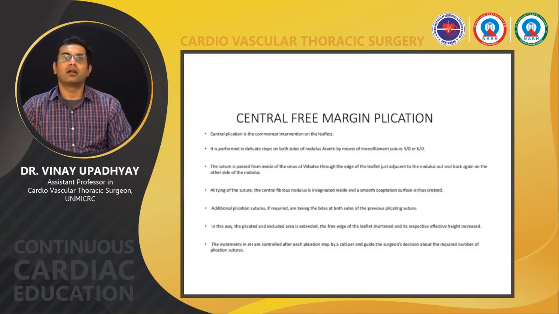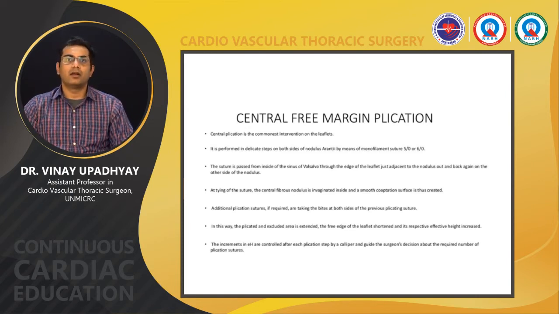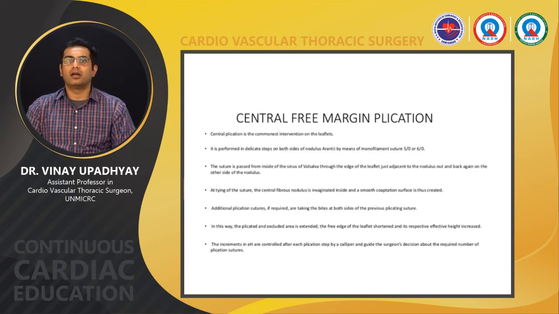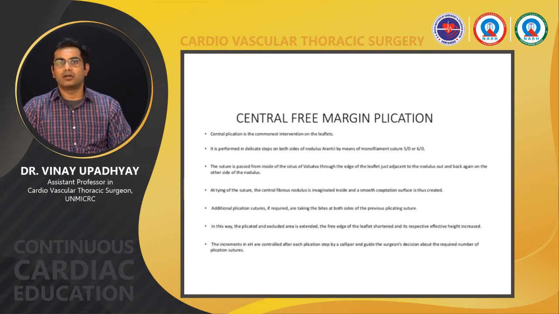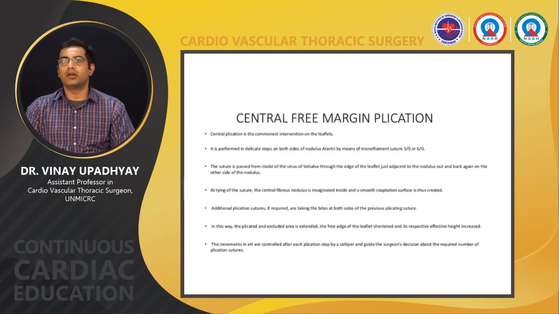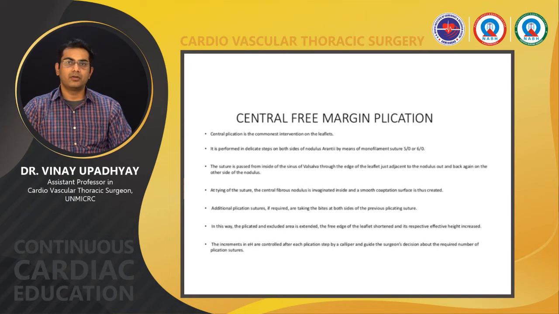First technique is central free margin plication. It is the commonest intervention on the leaflet. It is performed in delicate steps on both sides of the nodule by means of a monofilament suture.